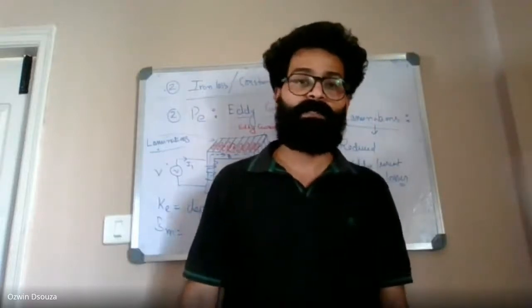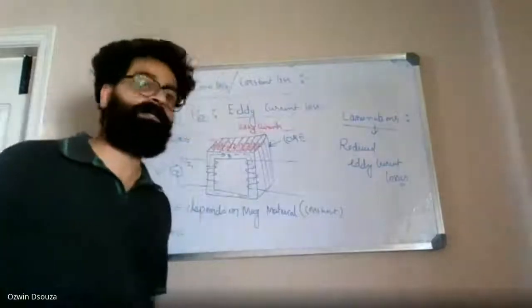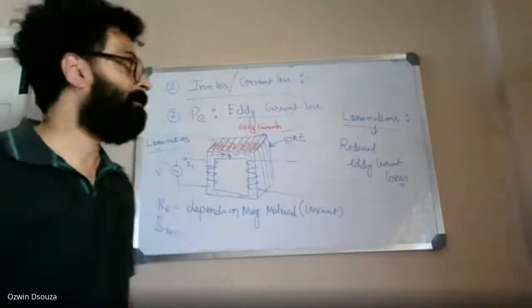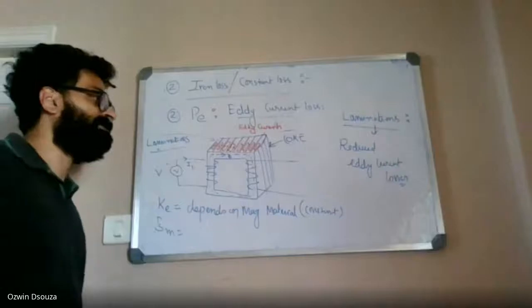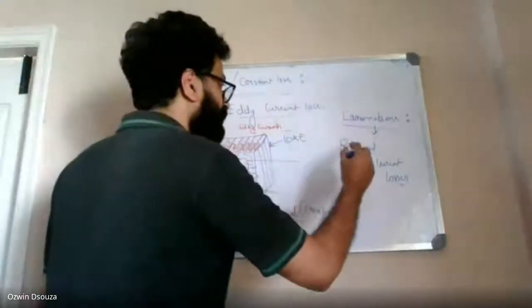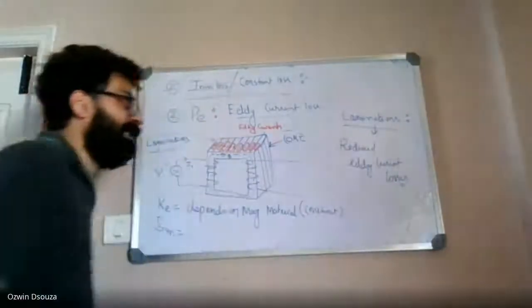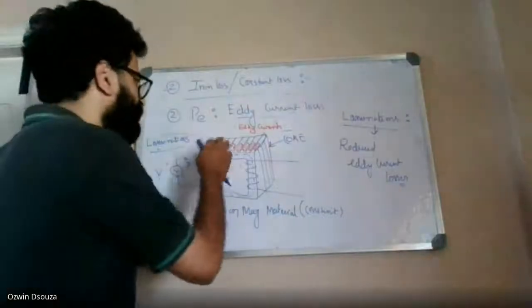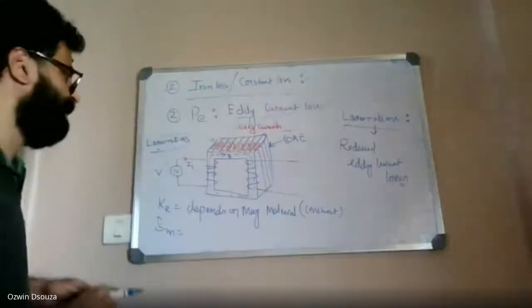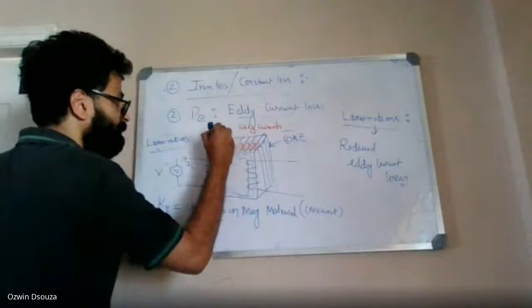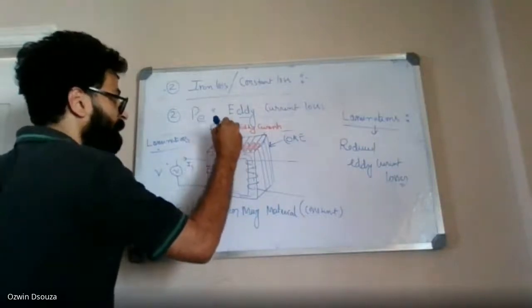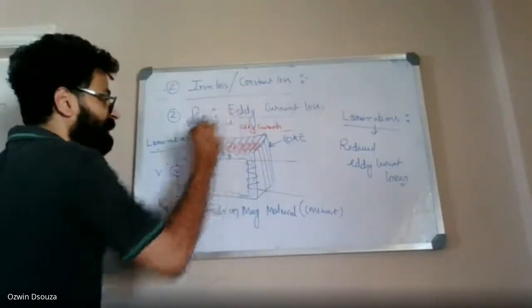Hysteresis loss is minimized by choosing a very good magnetic material, and eddy current loss is minimized by choosing a magnetic material made up of laminations. And these laminations are insulated from one another. That means this is your first lamination and this is your second lamination.